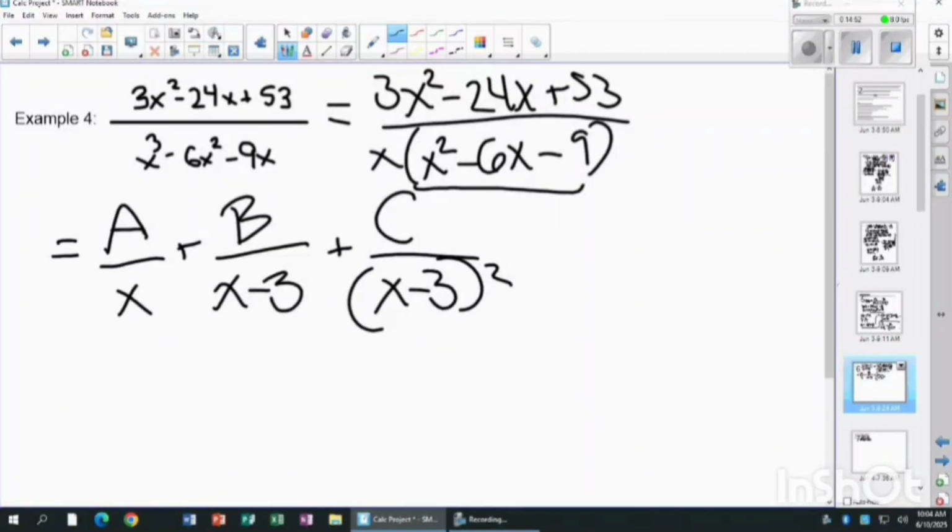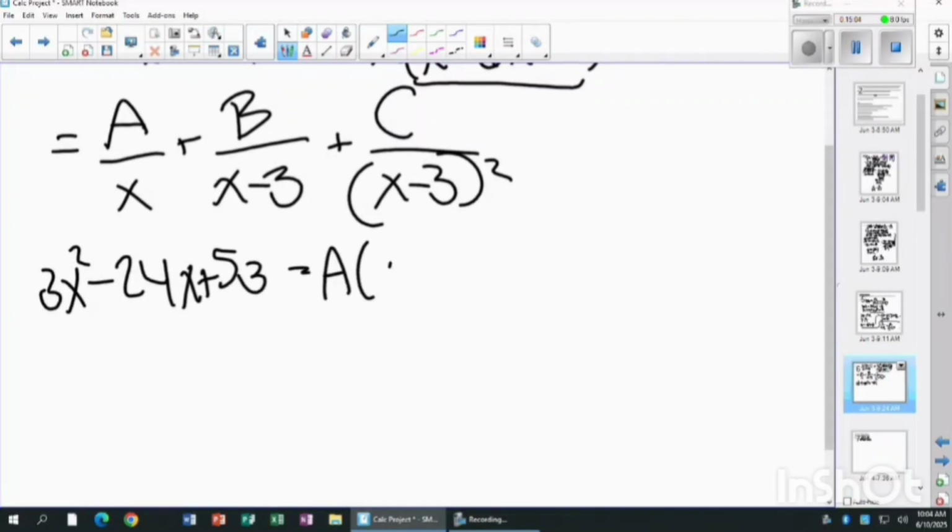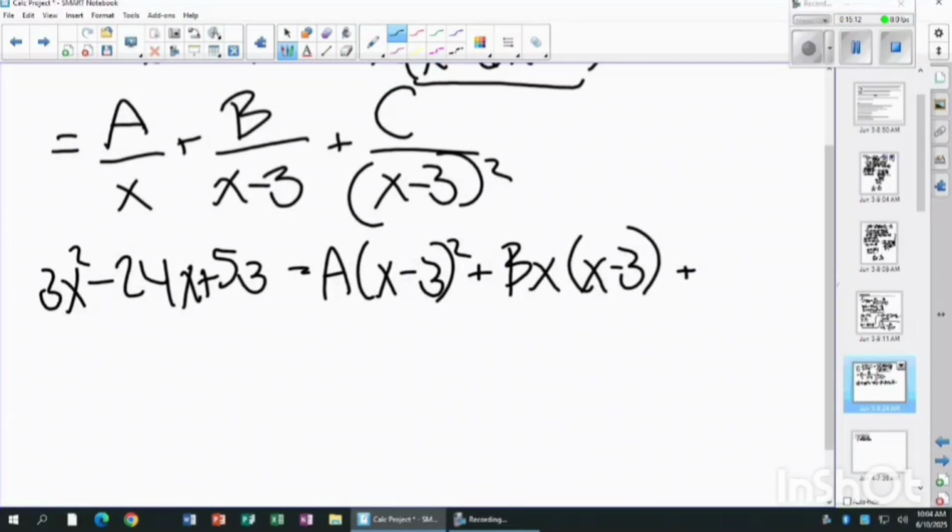So on the left, you'd have 3x squared minus 24x plus 53 equals a times x minus 3 squared plus b times x and x minus 3 plus cx.